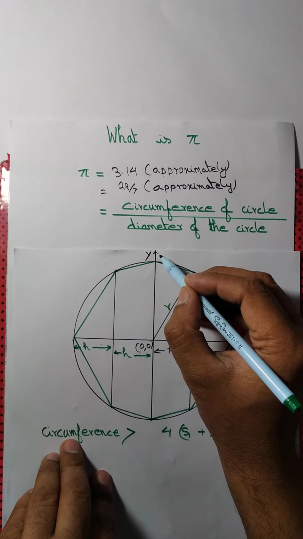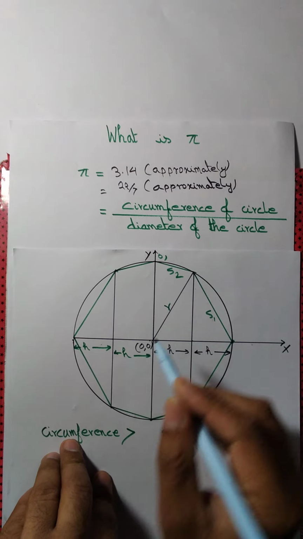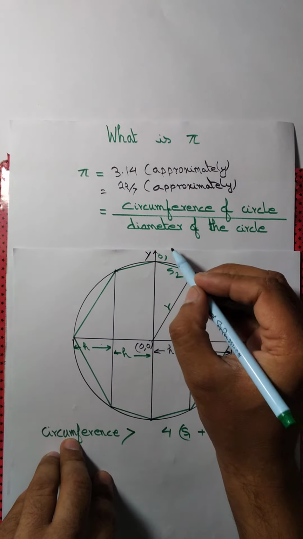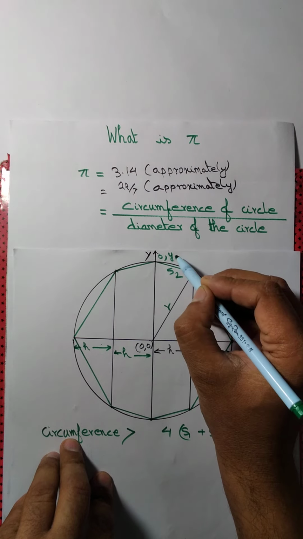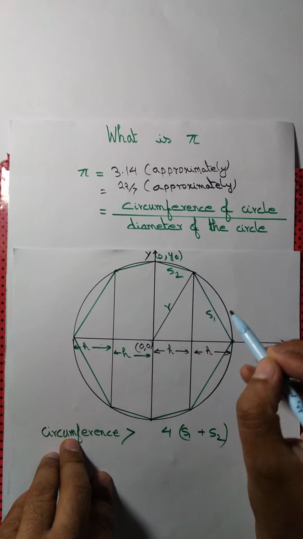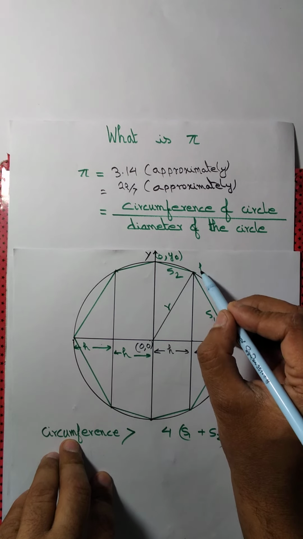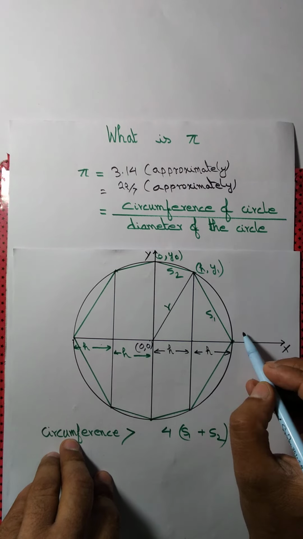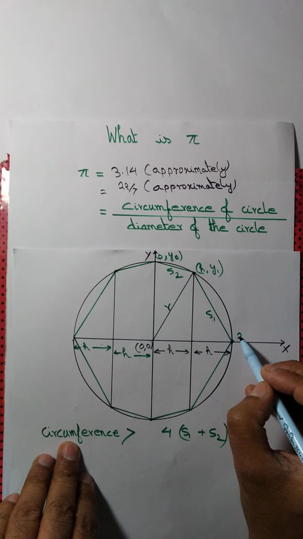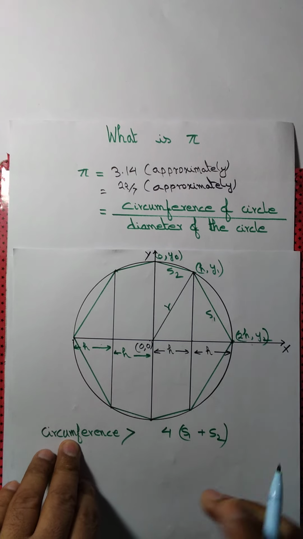This point has coordinates, let's say, x coordinate 0, y0. This point has coordinates 0, y1... this point has coordinates h comma y1. This point has coordinates 2h comma y2.